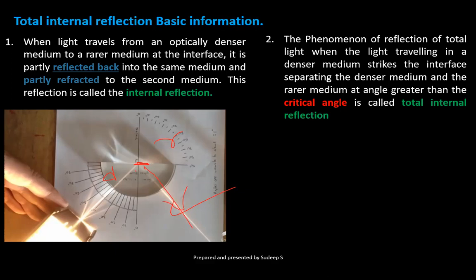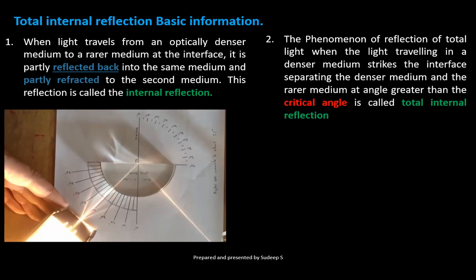So यहाँ पे as the angle of incidence kept on increasing, you can observe that this ray is in the denser medium, and there is no refraction here. So what we observe here is total internal reflection.